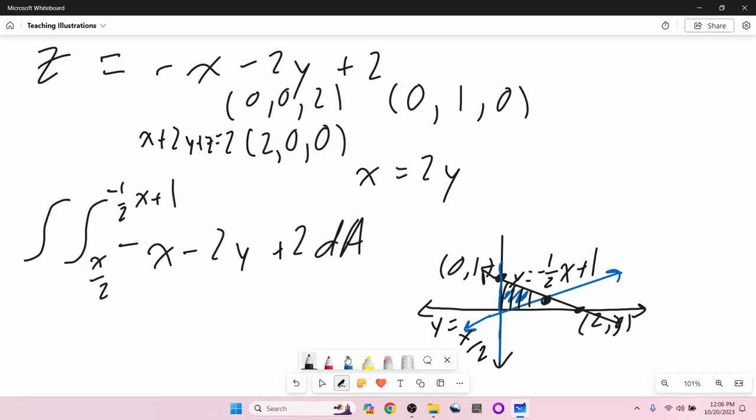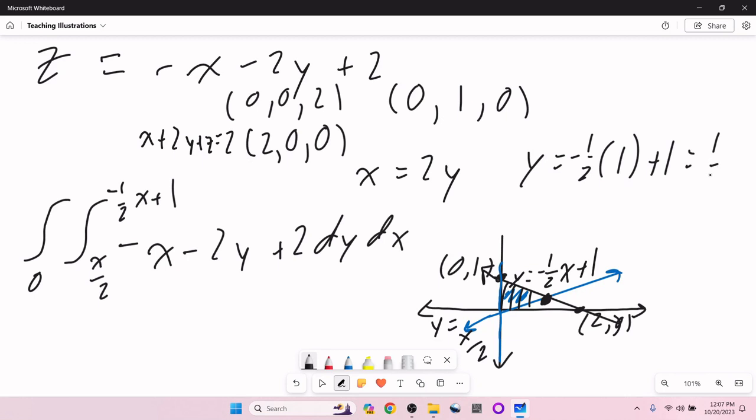And so that's dy. And then x will go from 0 on the left to, I'm guessing the intersection point is 1. Let's see, if I plug in 1, y equals -1/2 times 1 plus 1, that's 1/2. And the other one, y equals 1 over 2, that's also 1/2.